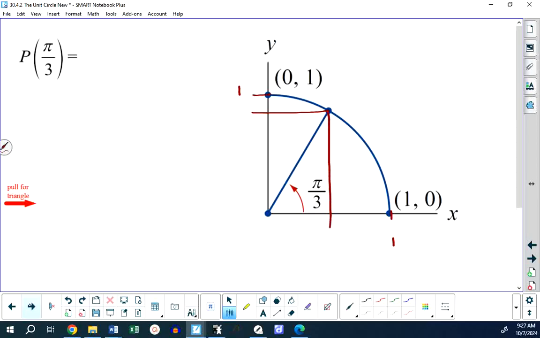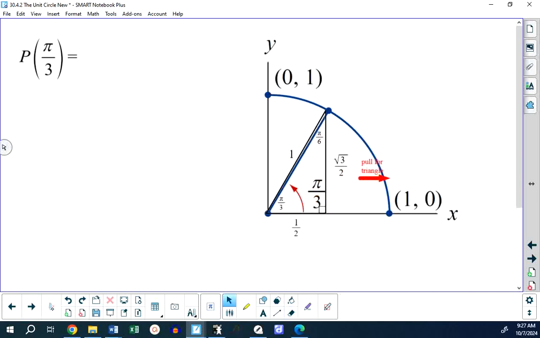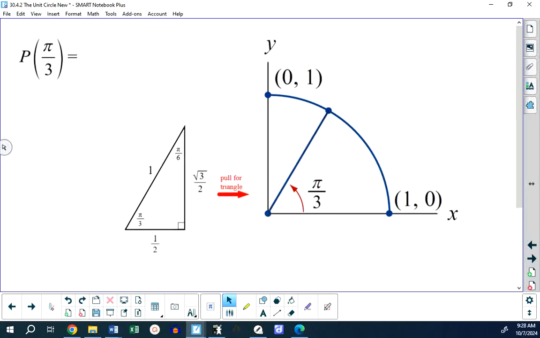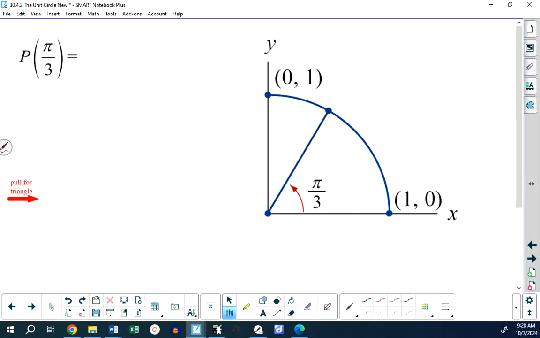Does this look like a half? Yes. The x-coordinate is a half, which means the y-coordinate is root 3 over 2. We could, if you like, put this on here to demonstrate that. But I think, as I said, you're going to move away from looking at those triangles. So this would be 1/2, comma, root 3 over 2.